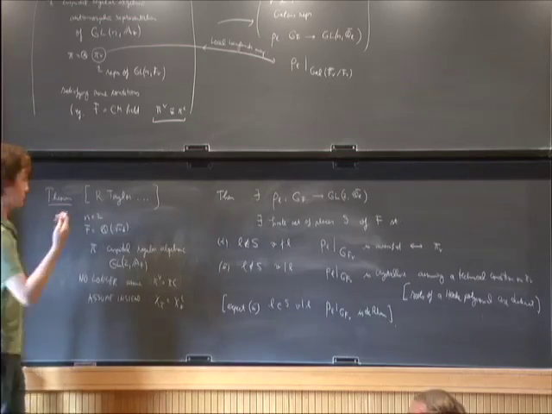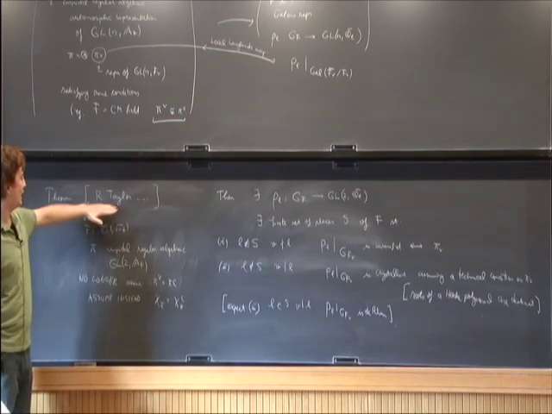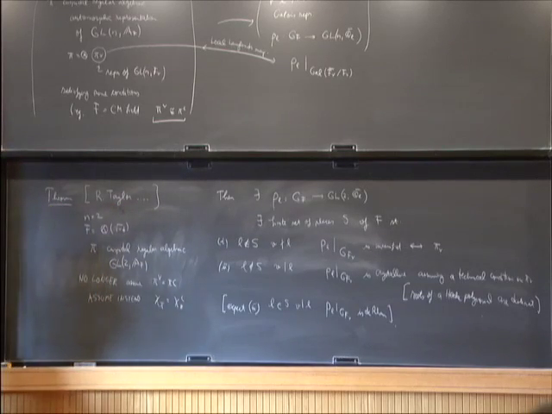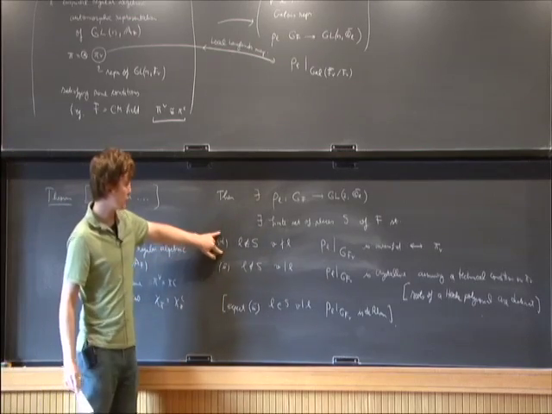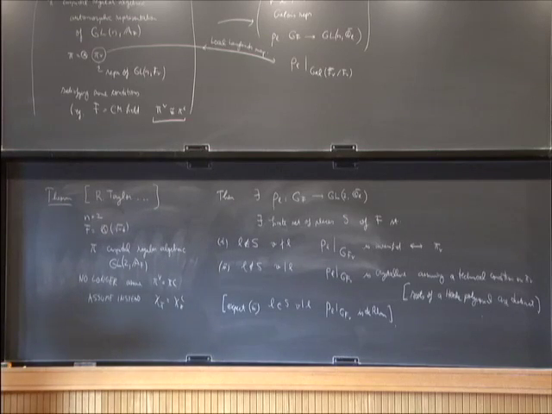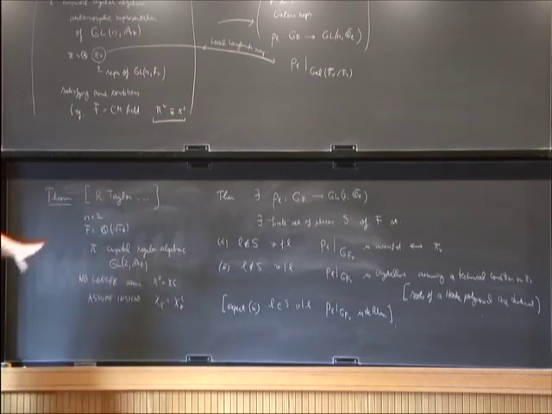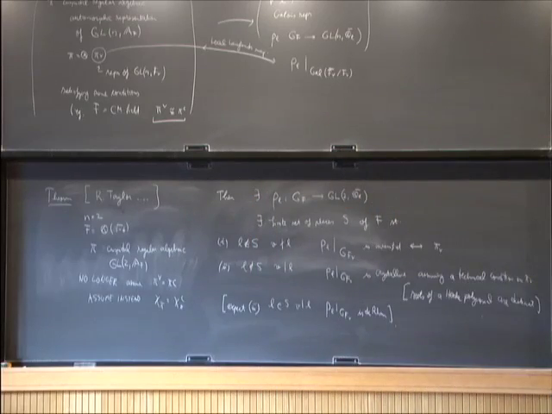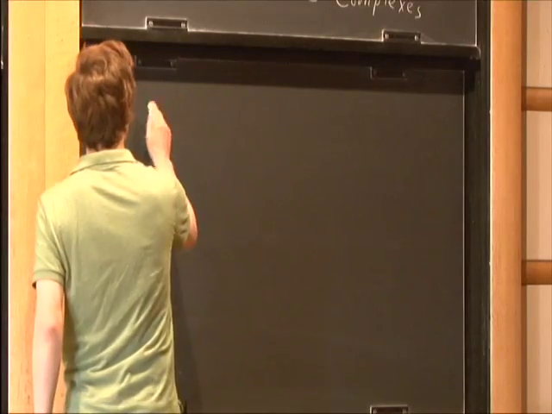But Richard Taylor and a long list of other people, Michael Harris, Sug Woo Shin, Harris, Taylor, Berger, Weissauer, anyway, a very long list of people constructed these Galois representations and showed the first part. And anyway, I'm going to explain to you how to think about the second problem. And I'm going to continue on that board. All right, I'm going to phrase it like this.